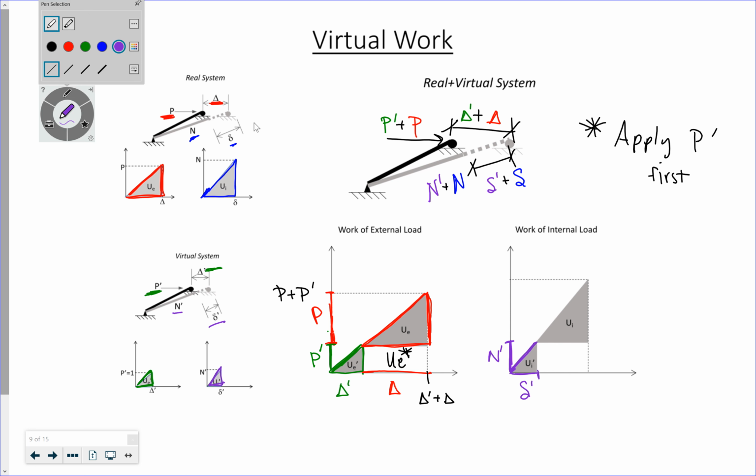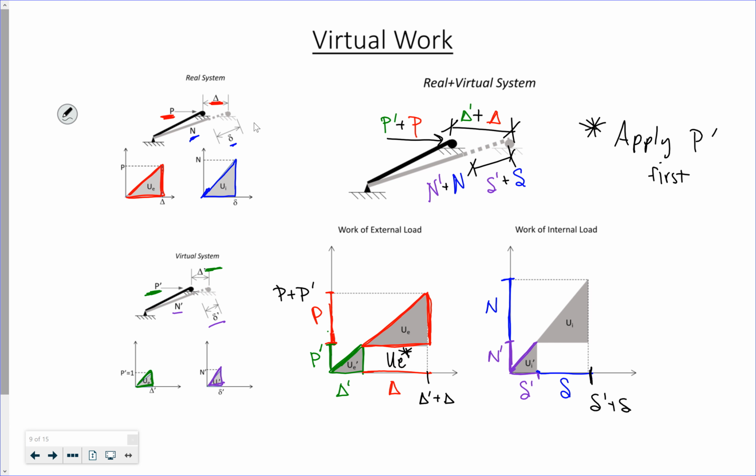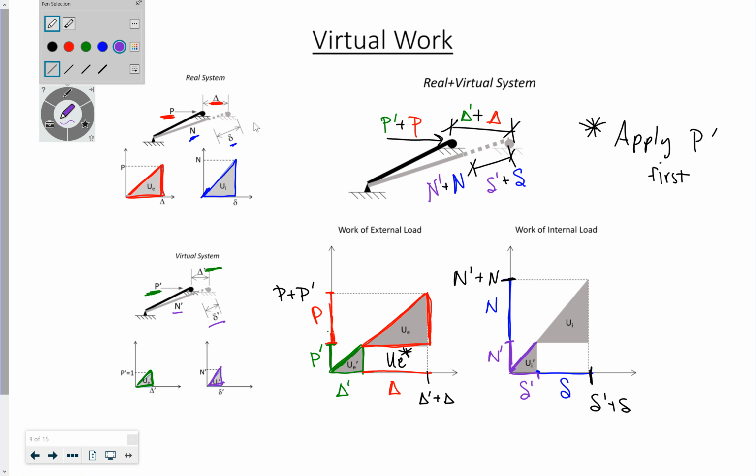And then I apply P, causing an internal load of N and an additional elongation delta, so that my total at the end is baby delta prime plus delta, and my total internal load is N prime plus N. My internal energy associated with my virtual load, UI prime.